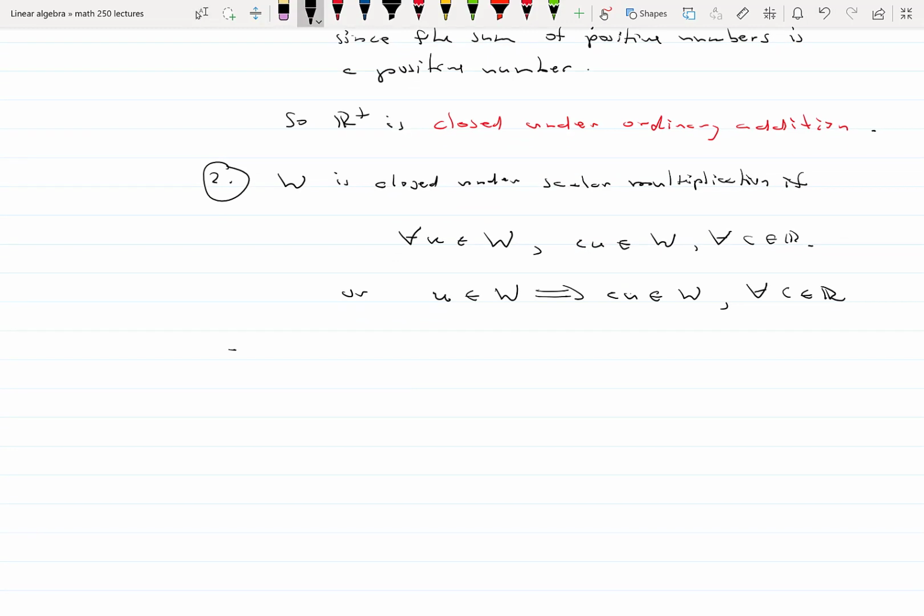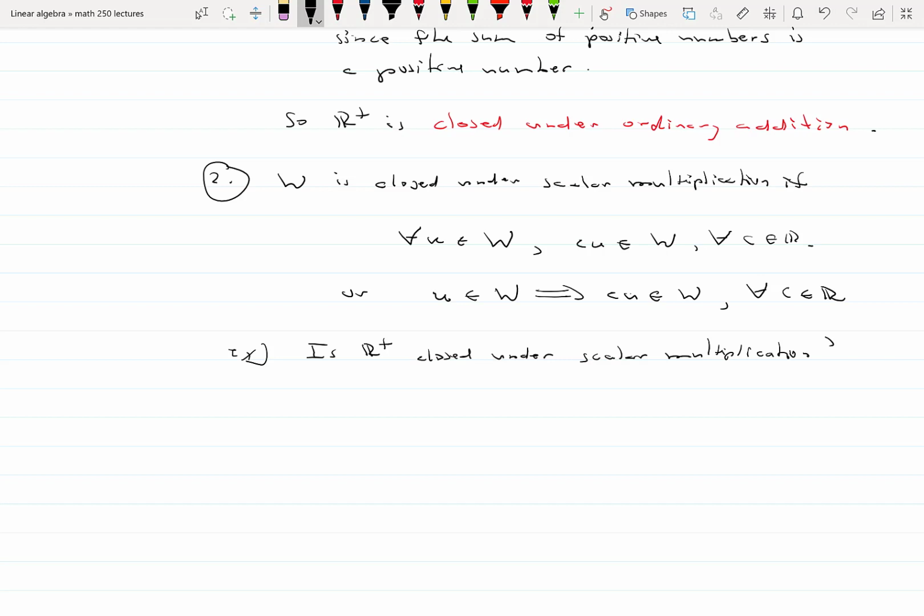Okay, so let's take a look at an example. Example. Is R plus closed under scalar multiplication? It means again that if you take any element of R plus and multiply it by any scalar, you automatically get an element of R plus.